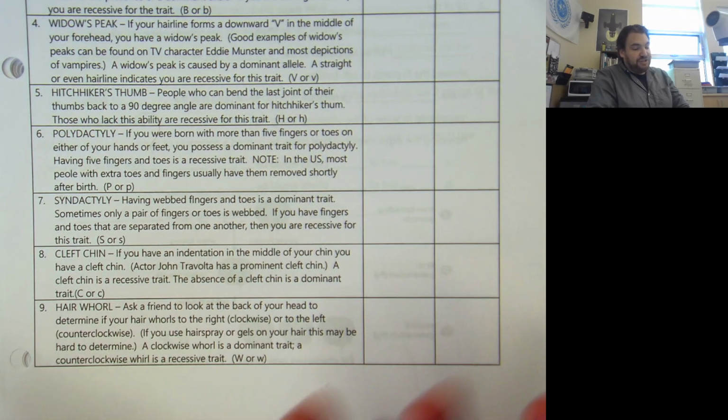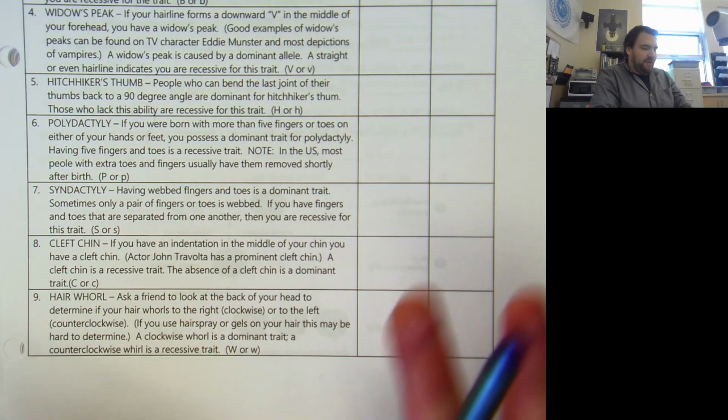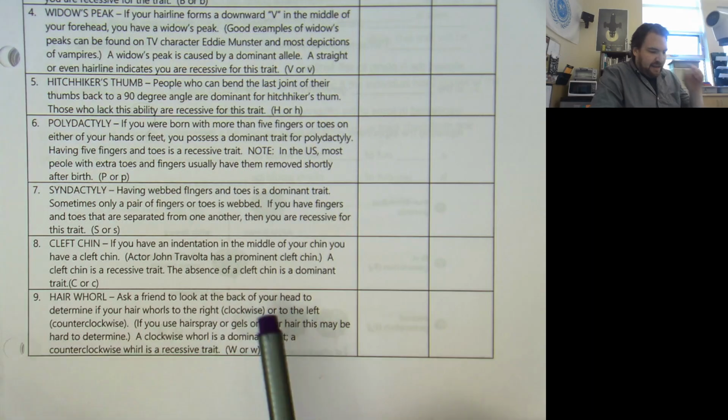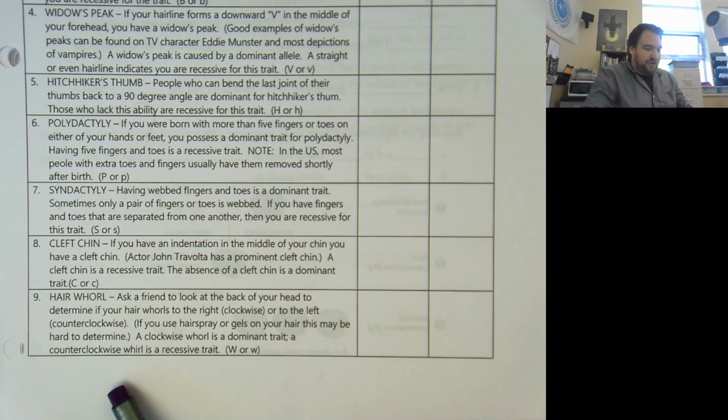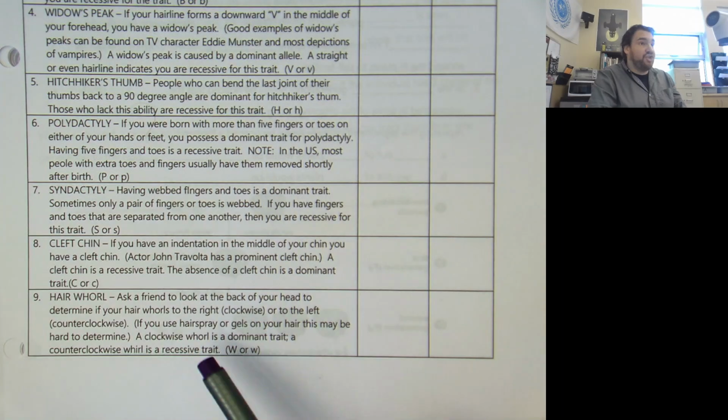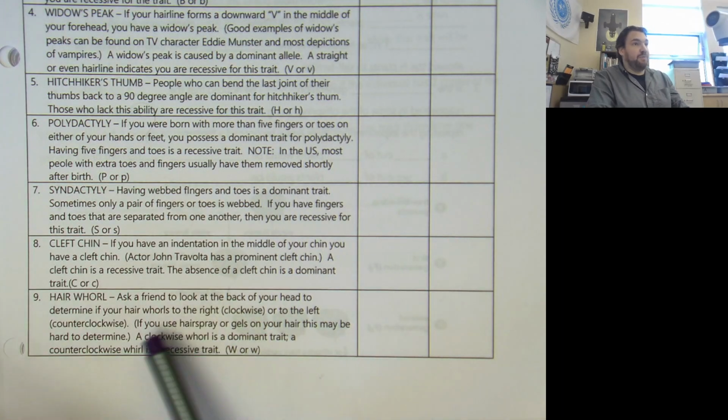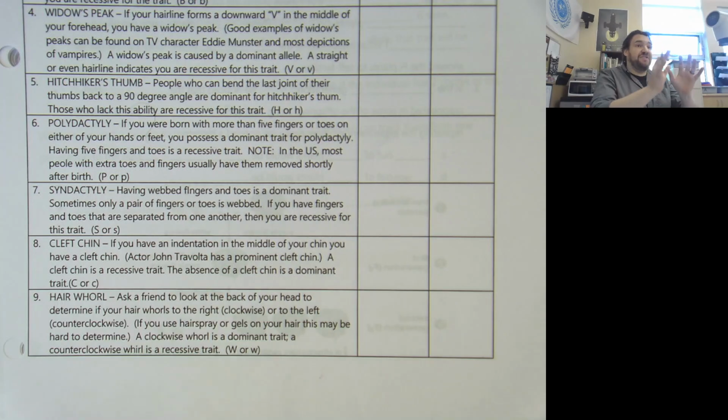The way that this is worded here suggests that a clockwise whorl is a quote-unquote dominant trait, and a counterclockwise whorl is a quote-unquote recessive trait. But studies have shown that there's more than one gene responsible for what your hair does as it comes out of your head.